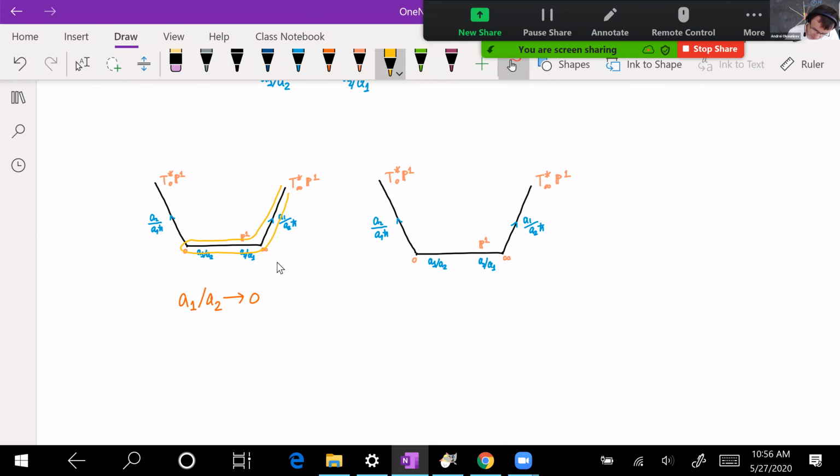This is the attracting set. If A1 over A2 goes to infinity instead, then the attracting points would be this point.